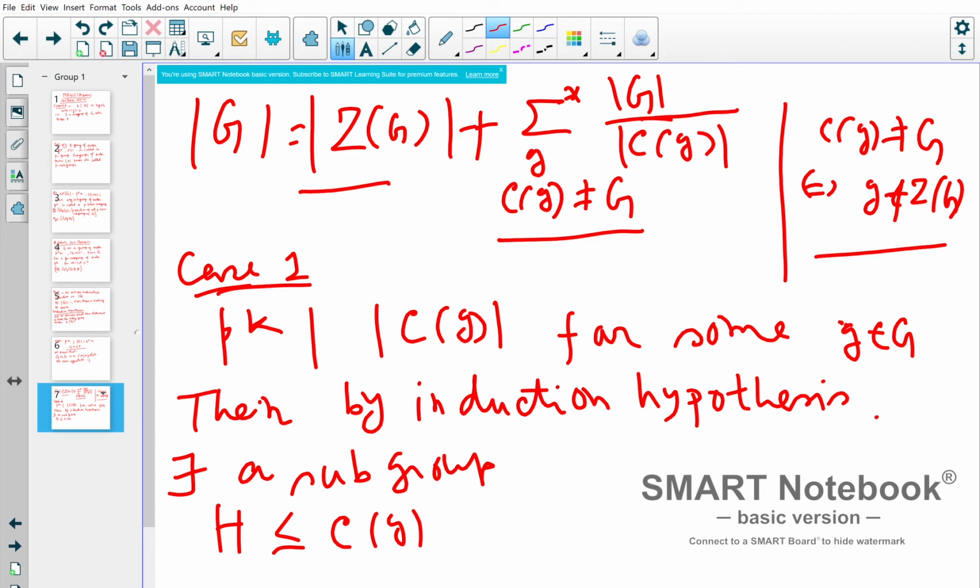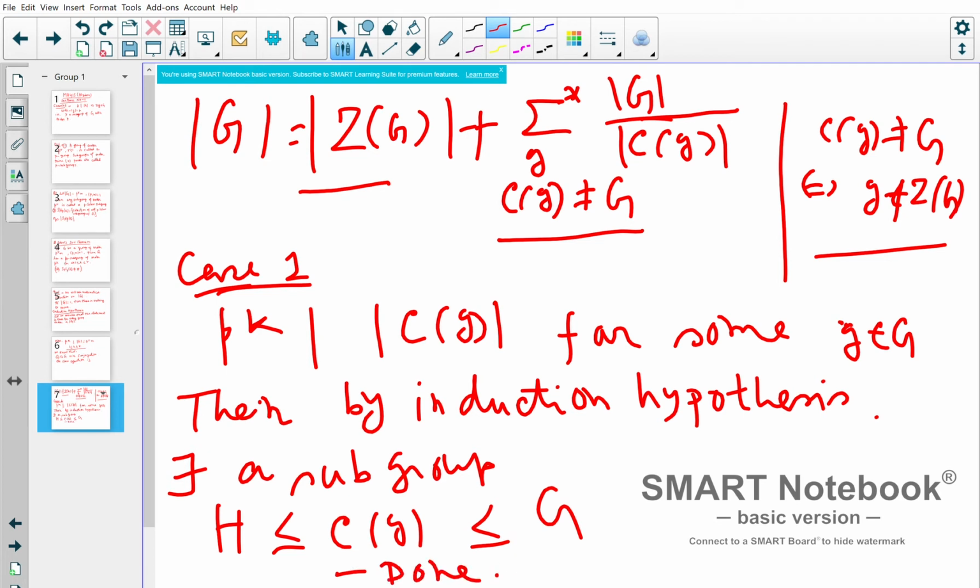So the induction hypothesis tells you that you have a subgroup of order P power K, which is also a subgroup of G, and done.